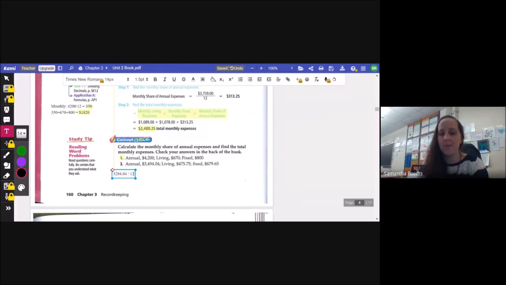For number 2, I have an annual of $3,494.04, and I'm dividing that by 12. That gives me $291.17. Then I want to find my total monthly expenses. So I take the $291.17 plus $475.75 plus $679.65.